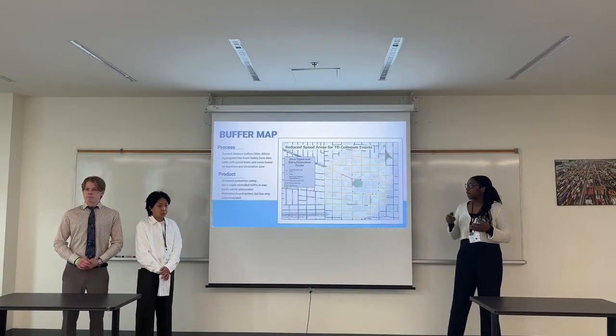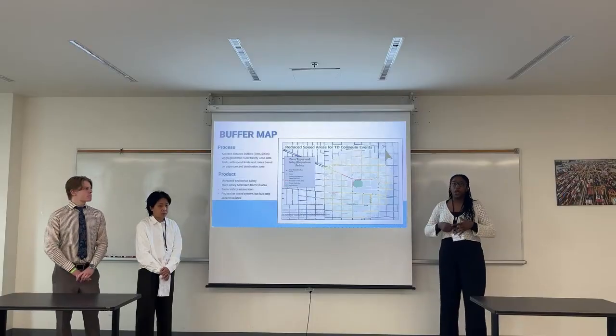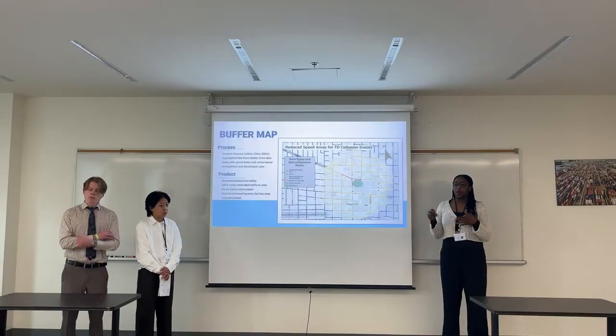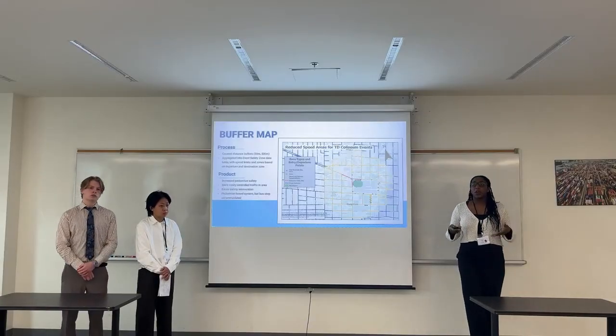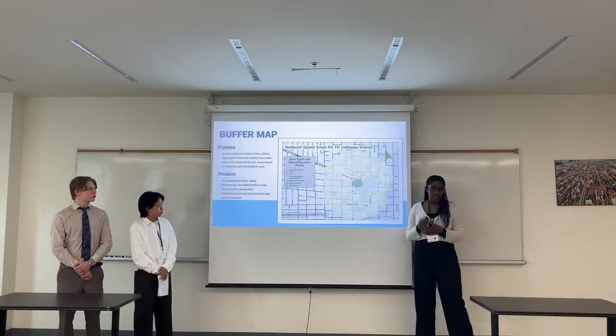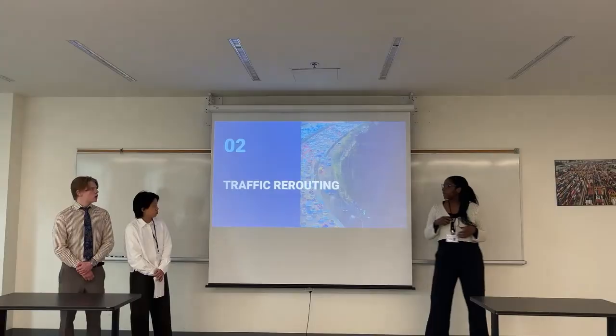Slowing traffic is a way to smooth the traffic going into the area to stop typical high intensity stop and go congestion. So that is our buffer map.